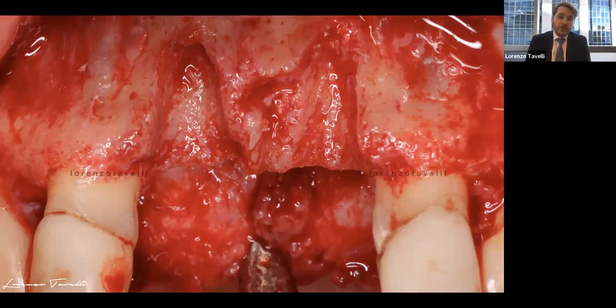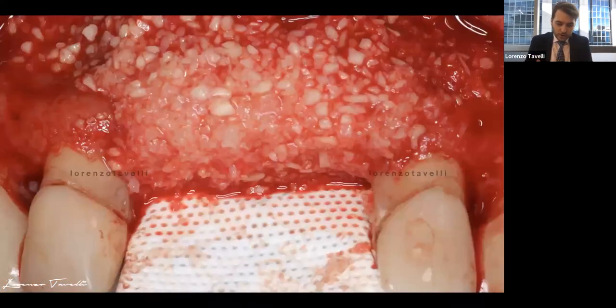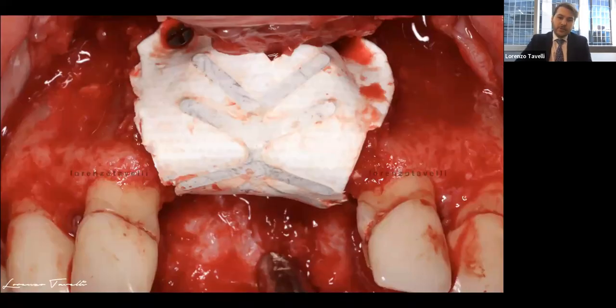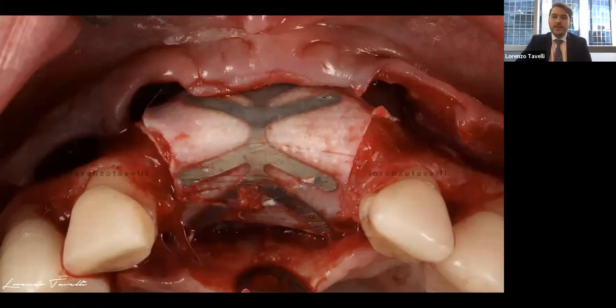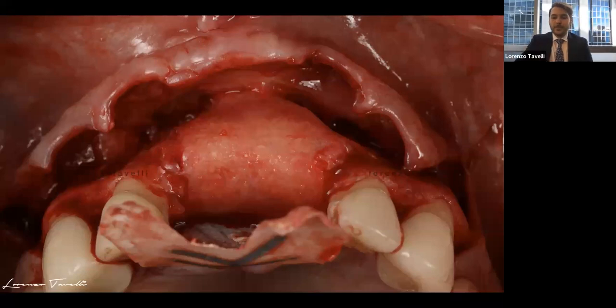Very briefly, I want to mention, just because it's not the topic of today, that sometimes, before talking about how to modify or increase the dimension of the peri-implant soft tissue phenotype, we have to do bone augmentation, either at the time of implant placement or, like in this case, prior to implant placement, to have an adequate so-called peri-implant bone phenotype or morphotype.